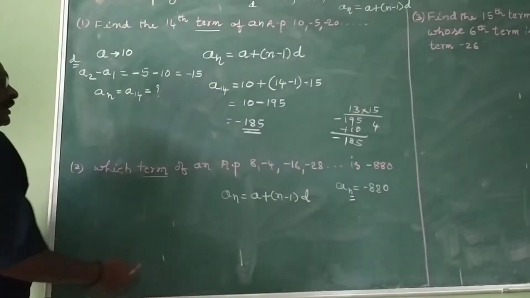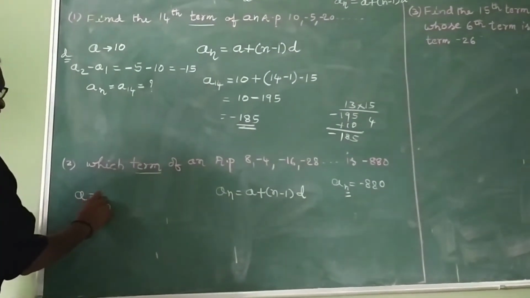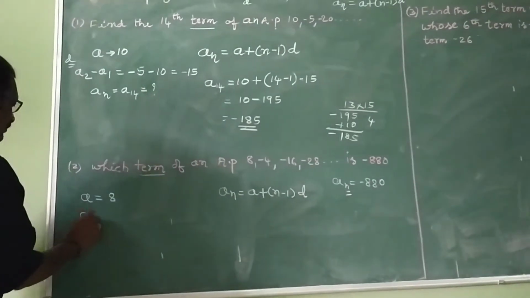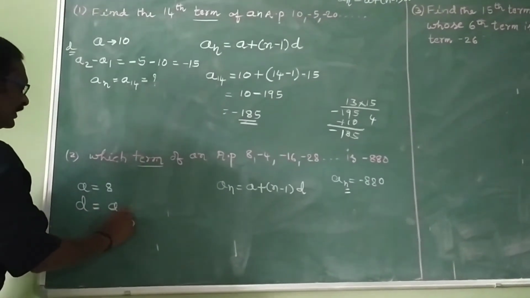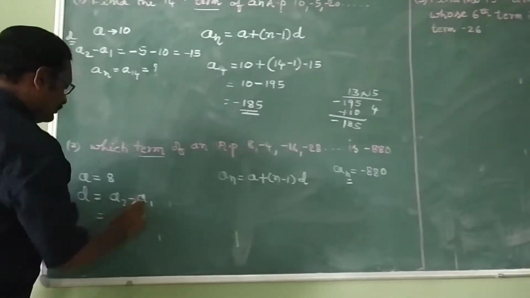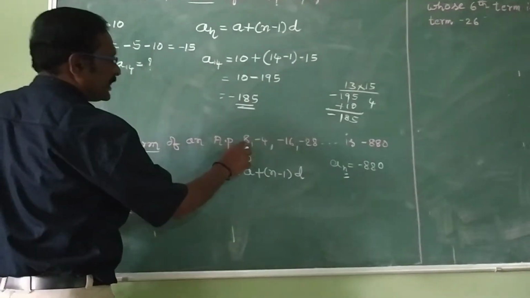As usual, what is a? First term, 8. What is the common difference? The common difference is got by a2 minus a1. That is a2, minus 4, minus a1, plus 8.